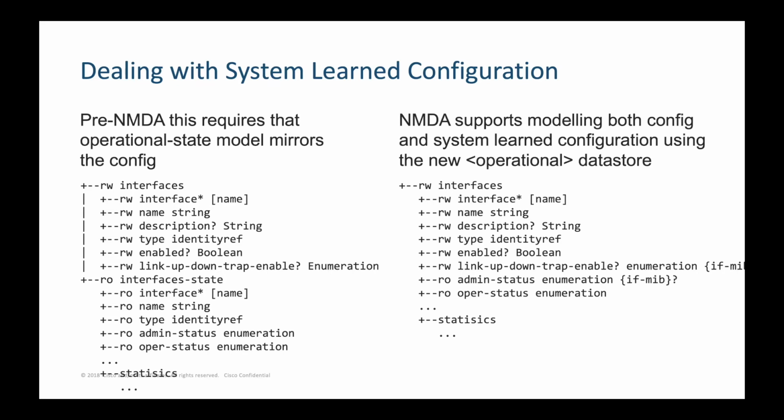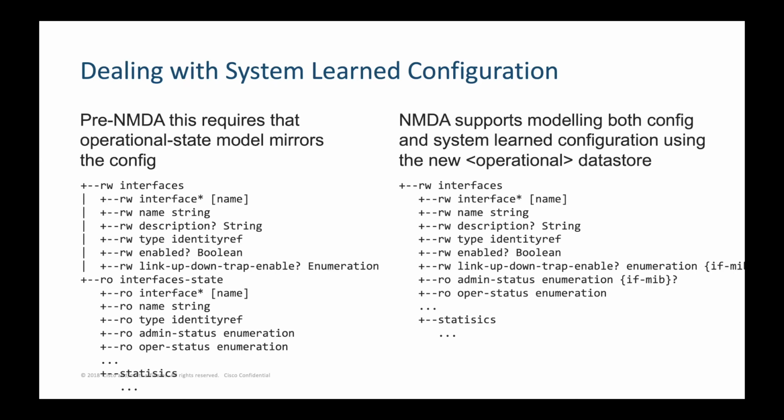NMDA, on the other hand, supports modeling system-learned configuration using the new operational datastore. The operational datastore contains all config true and config false data. Hence, retrieving from the operational datastore can return conventional configuration data as well as configuration data learned from the system.